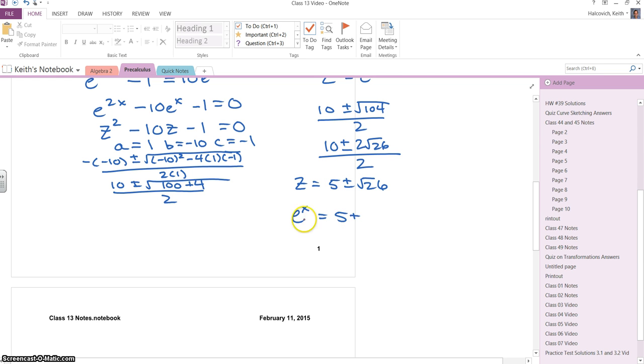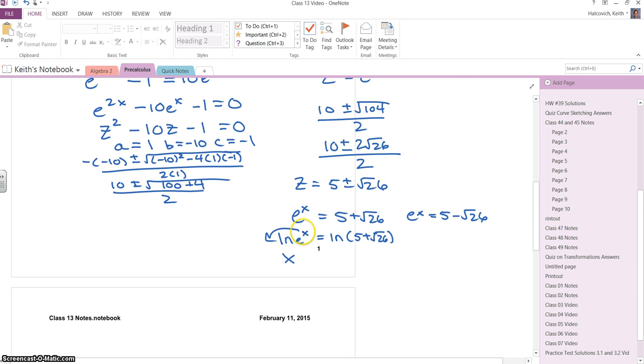equals 5 plus the square root of 26, or e to the x equals 5 minus the square root of 26. Well, remember, to solve this, we'll take the ln of both sides. So the x rolls to the front.